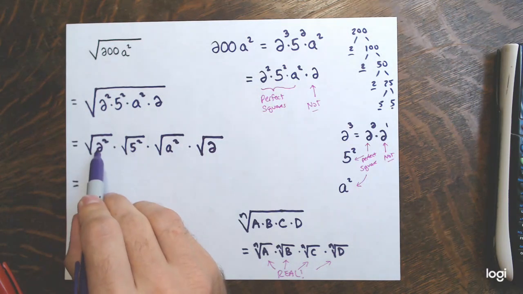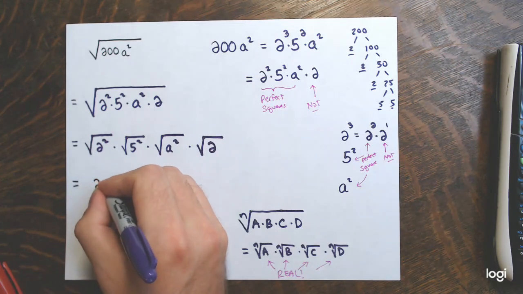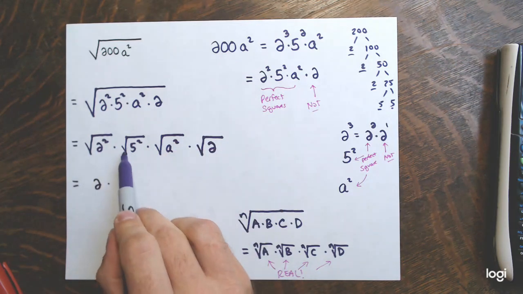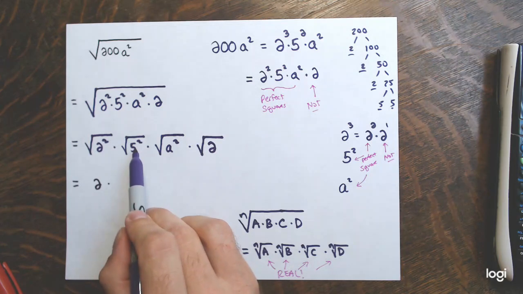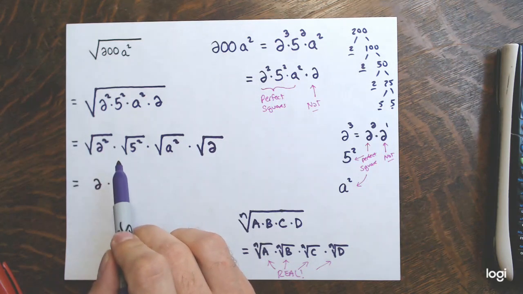So this is technically the absolute value of 2, but we know what that is. The absolute value of 2 is 2. The square root of 5 squared is, again, technically the absolute value of 5, but that is also a known value.